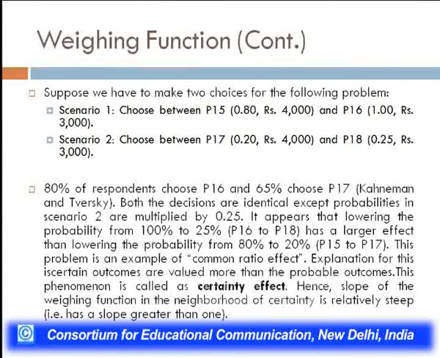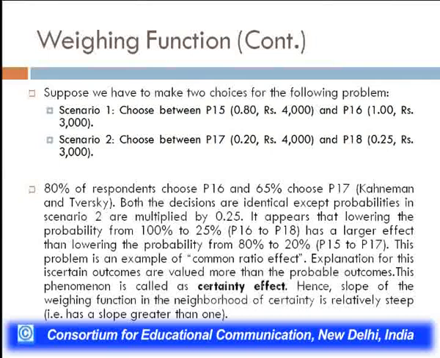In the second scenario, one can choose between P17 and P18. P17 has a 20% chance of winning rupees 4,000. P18 gives a 25% chance of winning rupees 3,000.